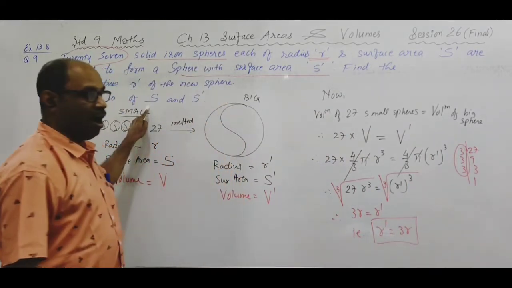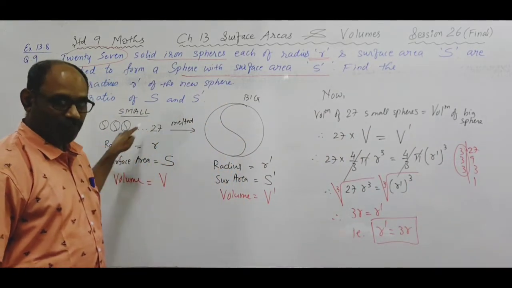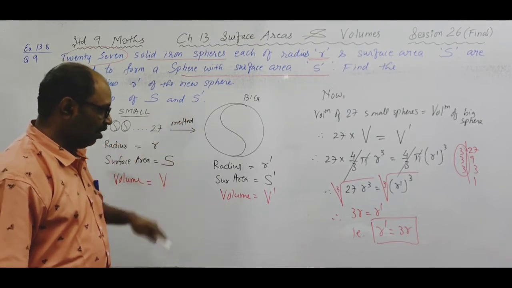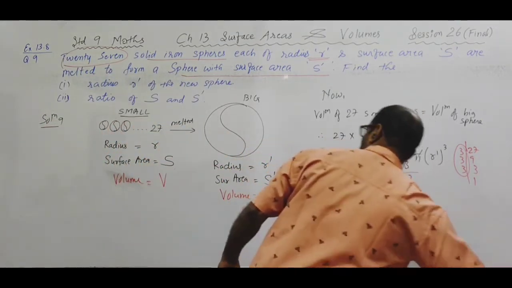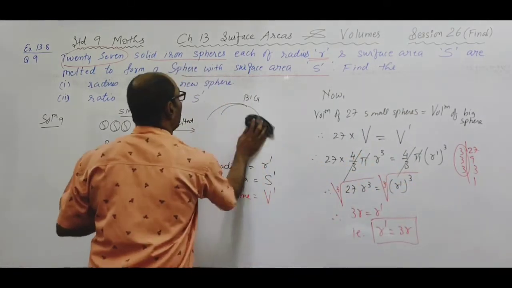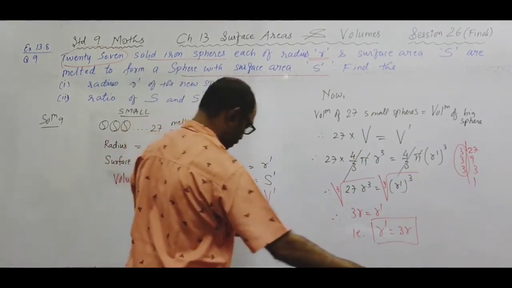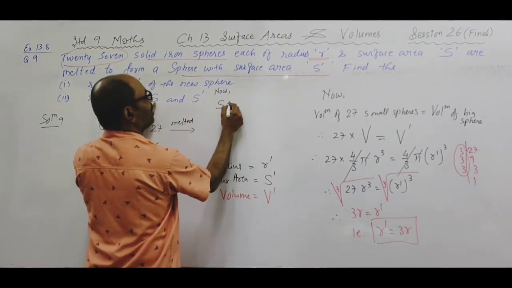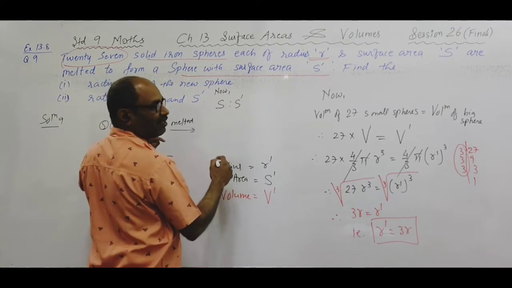Next, what are you supposed to find? The ratio of the surface area of the small sphere and the surface area of the new sphere. All right, I'll just remove this figure here. Now, S is to S dash.